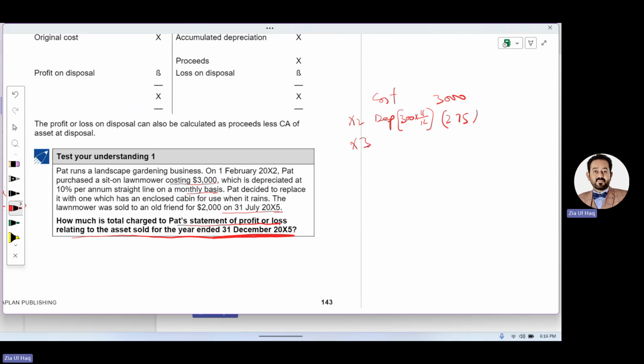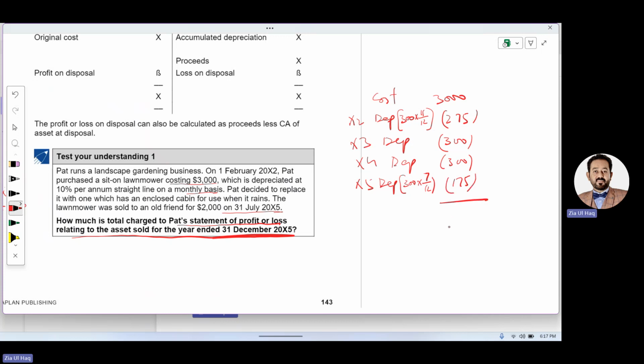For 20X3 depreciation will be the full year, 300. For 20X4 depreciation will be for the full year, 300, and 20X5 depreciation will be for 7 months: 7 by 12 of 300, it's 175.